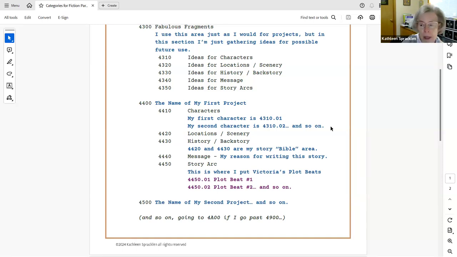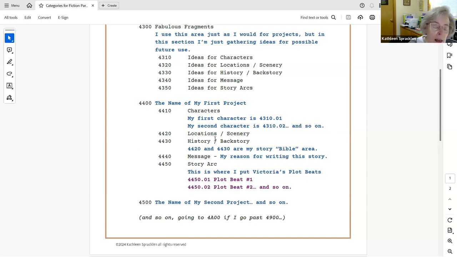It belongs to both of them, and that's probably why it didn't occur to me to structure things the way Victoria did. But in another story where the characters have separate worlds, that is something I will probably adopt. I'll probably have a character .10 instead of a character .01. That's the kind of thing you can do. And I will show you more about what I keep for each character on the next page.